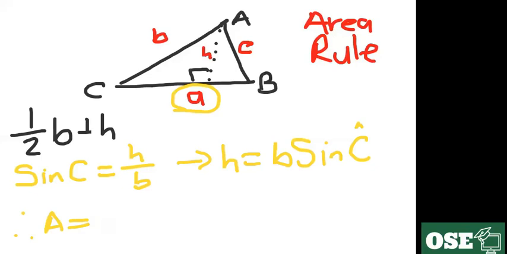Half the base, which is A, times the perpendicular height, which is B sine C. And that's it.